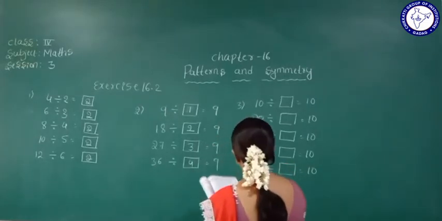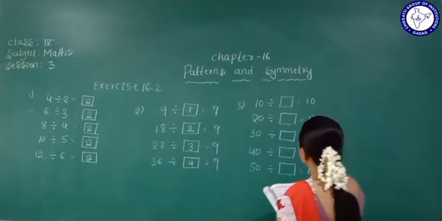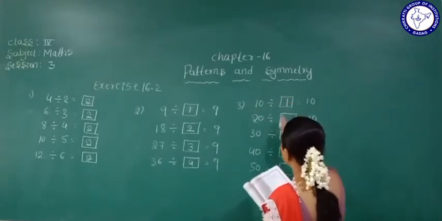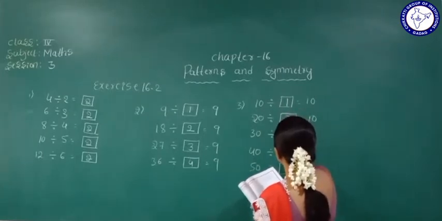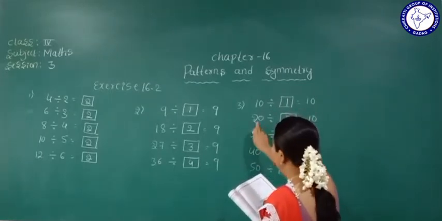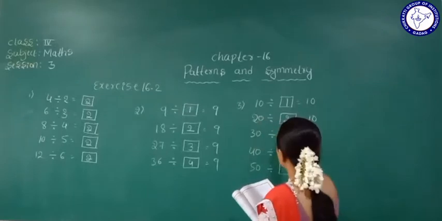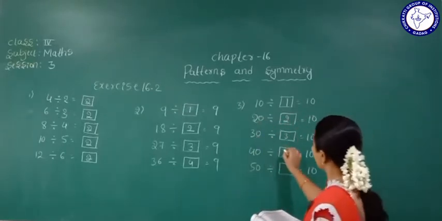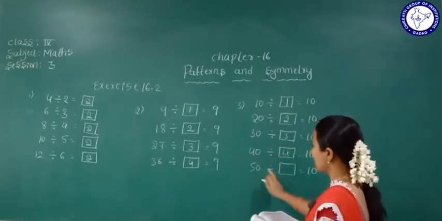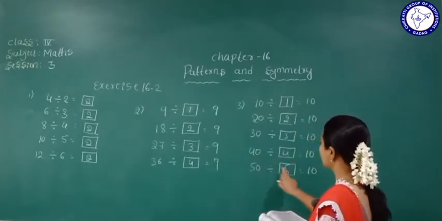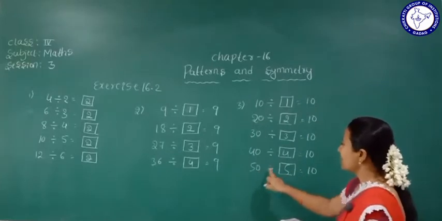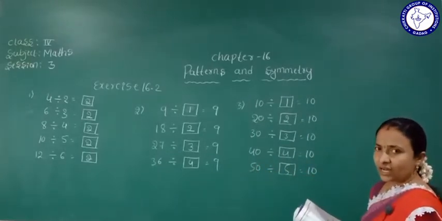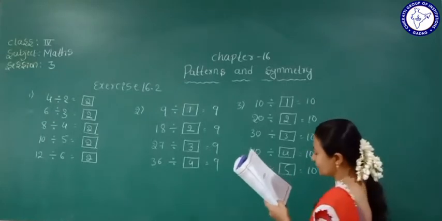We can find the pattern here. So 10 1s are 10, 10 2s are 20, 2 1s are 2 10s, 3 1s are 3 10s, 4 1s are 4 10s, 5 1s are 5 10s, it means 5 10s are 50. Understood? This is a pattern. So this is the third one.